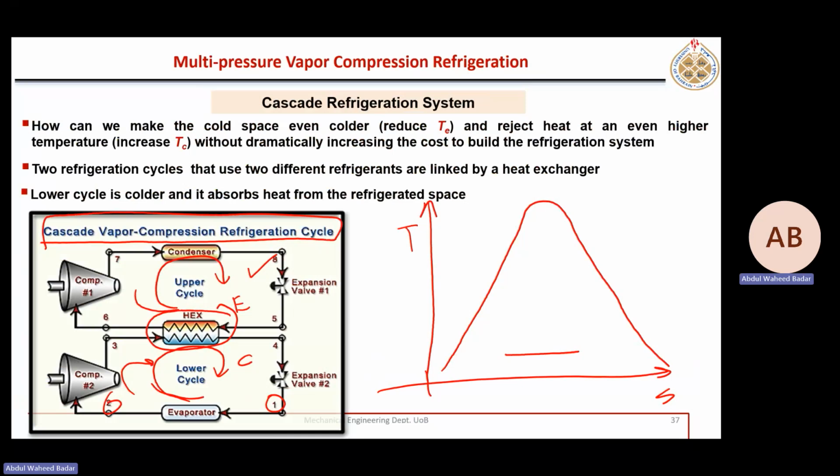So from 1 to 2, 1 somewhere here. This is evaporation. 1 to 2, 2 to 3 compression, 3 to 4 condensation, 4 to 1 expansion.